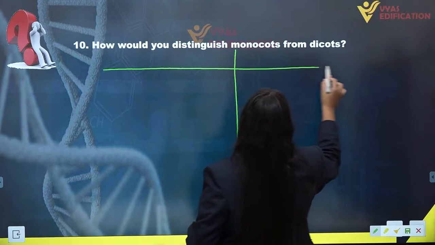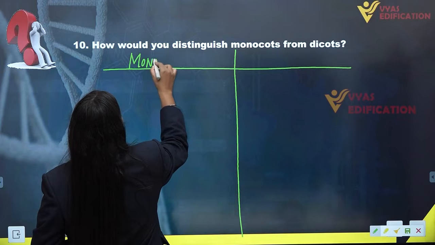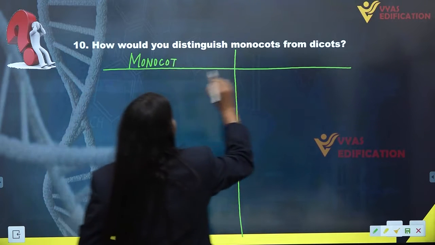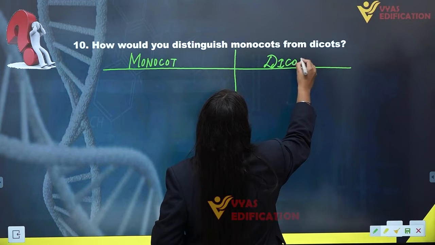Here we have monocot, and here we have dicots.